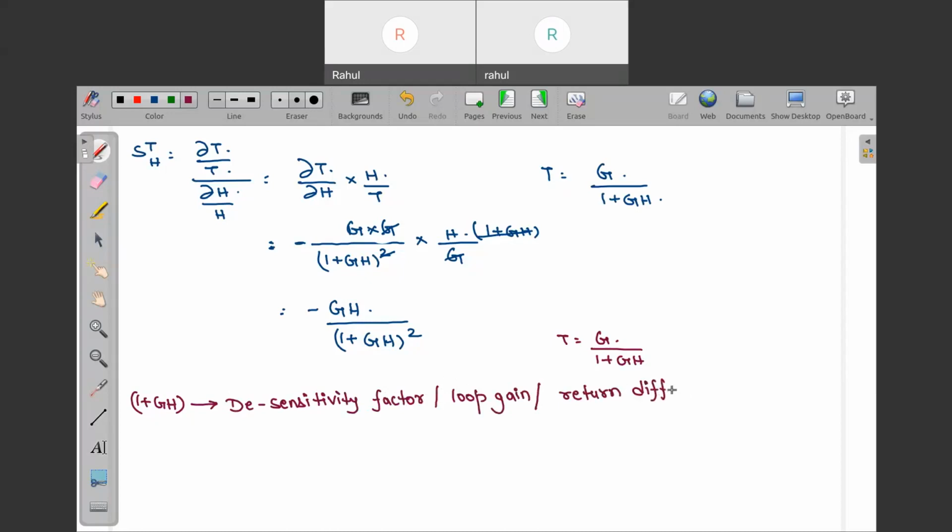So if you see a question being asked, you need to write 1 plus GH as your desensitivity factor, or your loop gain, or your return difference.